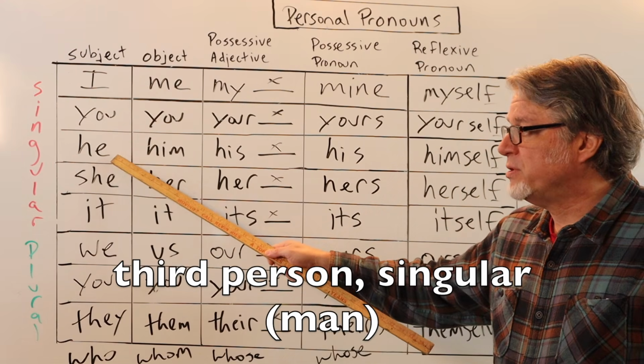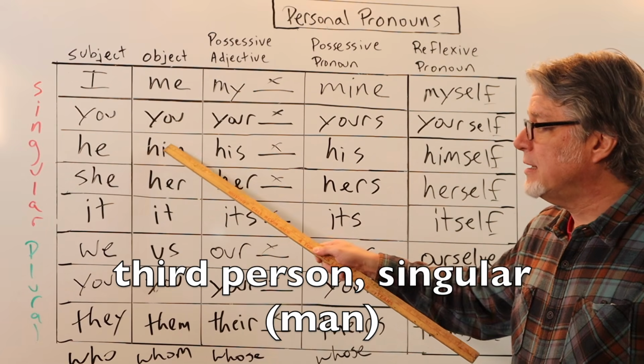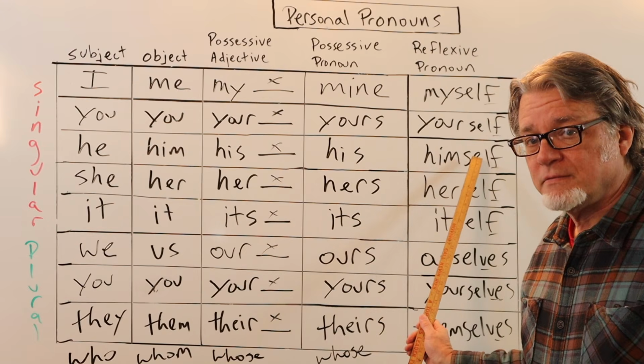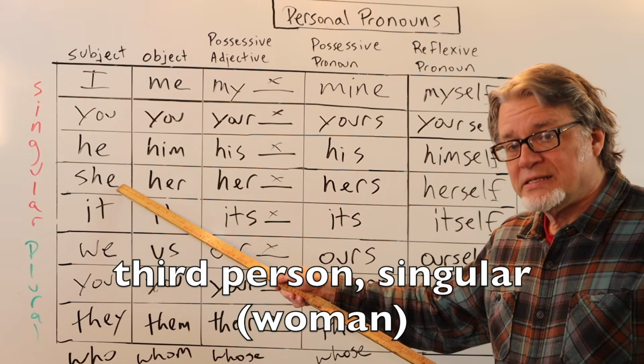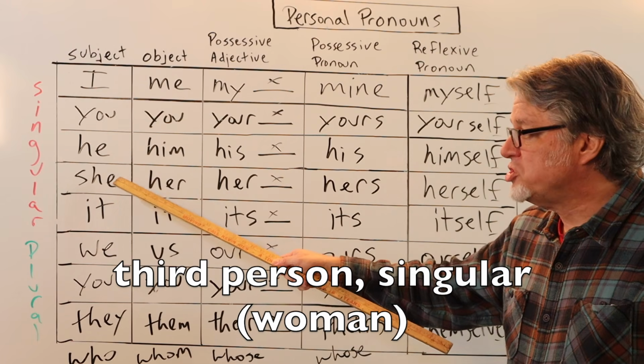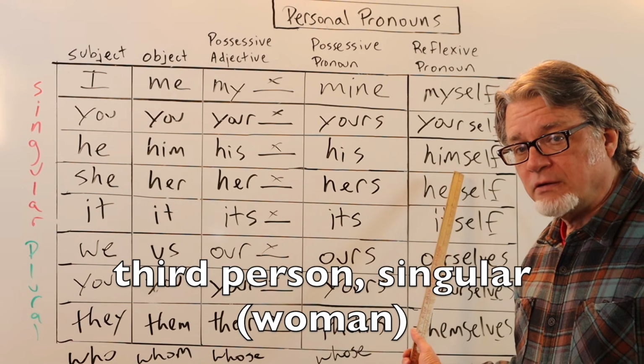In the third person singular for a man, he, him, his, and himself. In the third person singular for a woman, it's she, her, hers, herself.